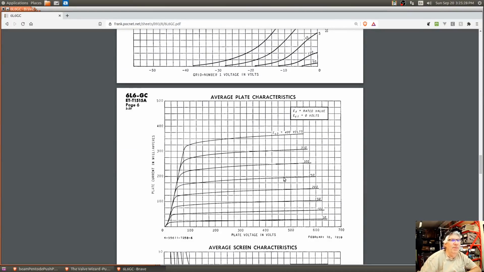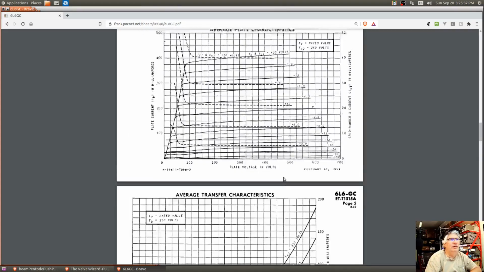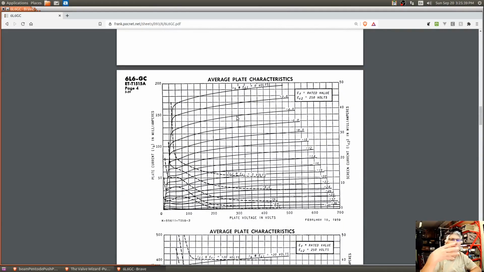The point of this is that, if you don't know, the screen voltage gives you a plate characteristic that looks like this. So you got a graph of lines like this with different grid voltages as they decrease.